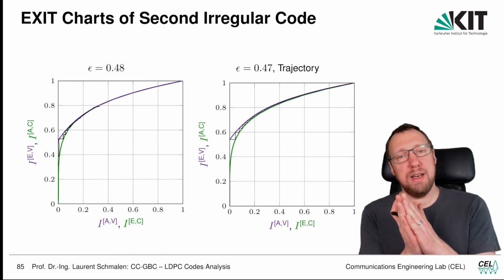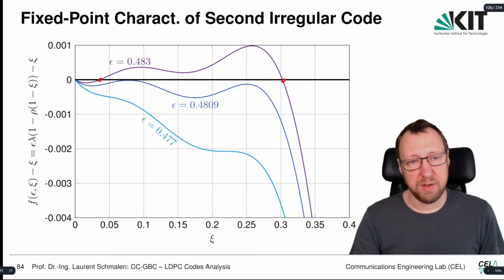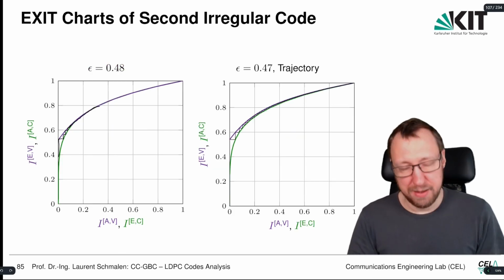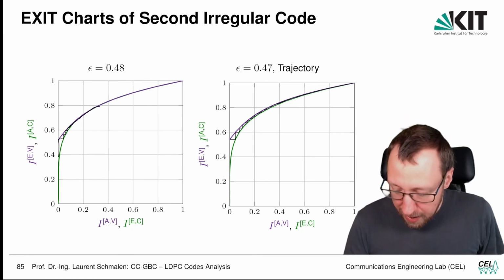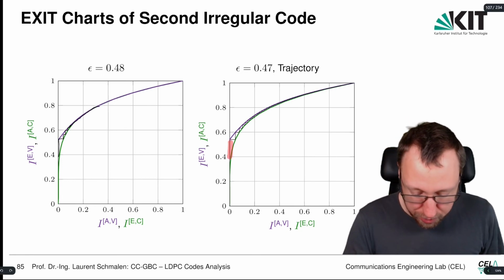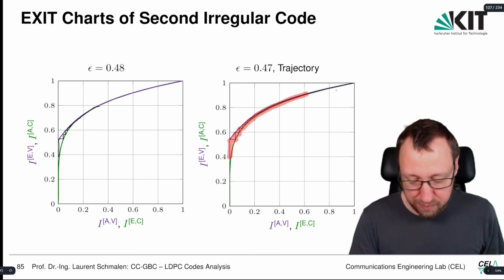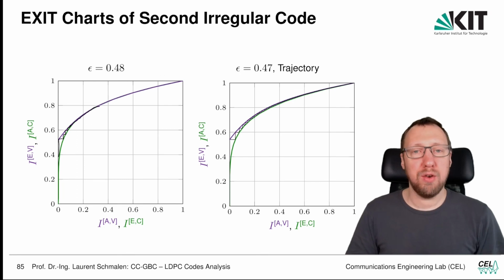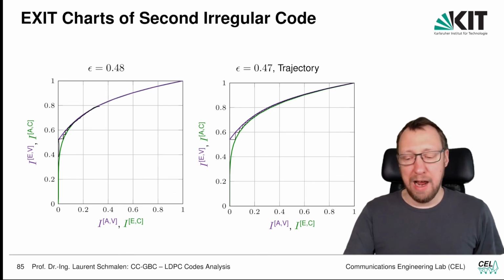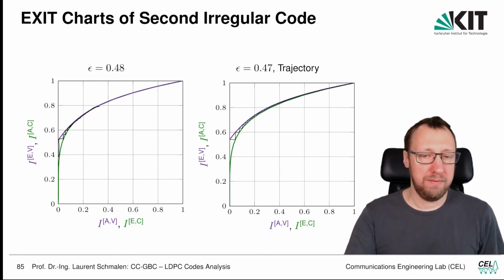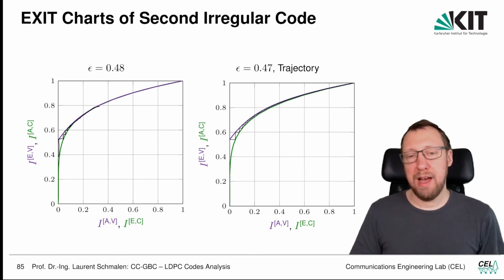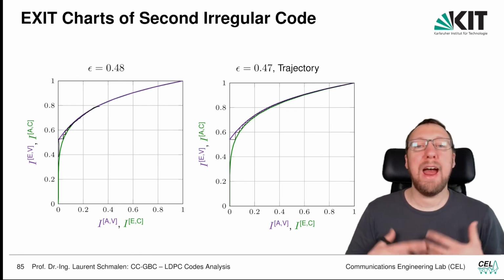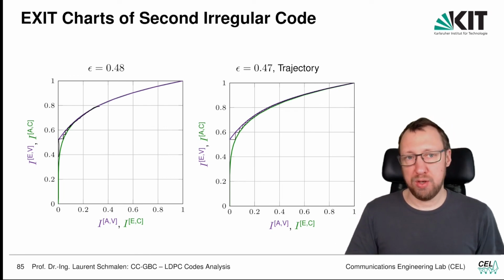And if we decrease epsilon a little bit, to 0.47, then we see that the tunnel is nicely open and we can converge using quite a lot of iterations, but eventually we will converge. So these are the EXIT charts of this irregular code. And you can calculate the EXIT charts in a very similar way as for regular codes. It's just, again, averaging over the degree distribution.